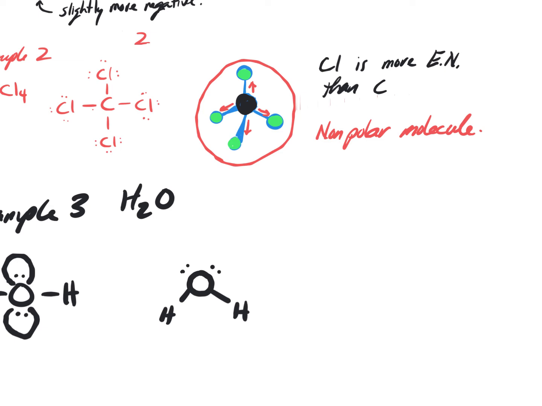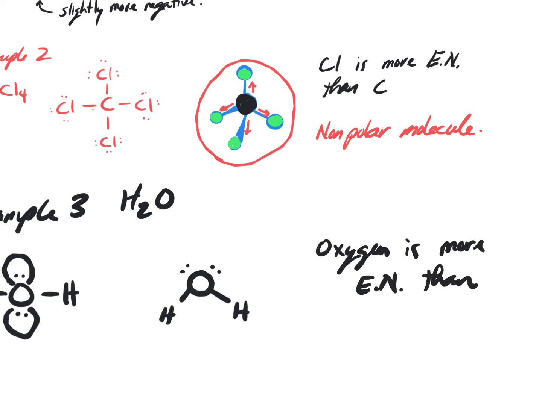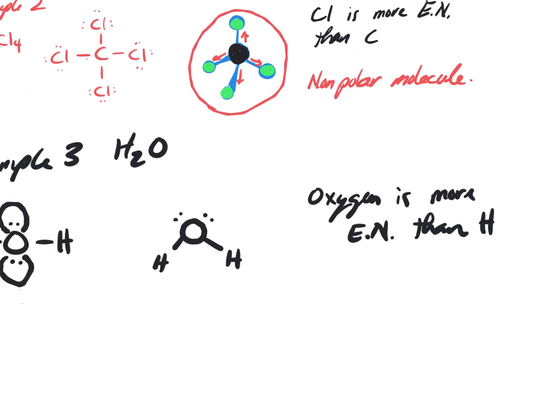I think you'll see that oxygen is one of the most electronegative of the elements. So I'll write this down: oxygen is more electronegative than hydrogen. What does that mean?